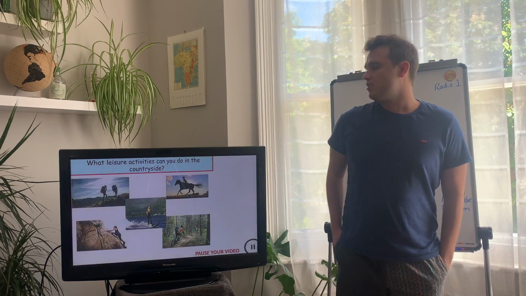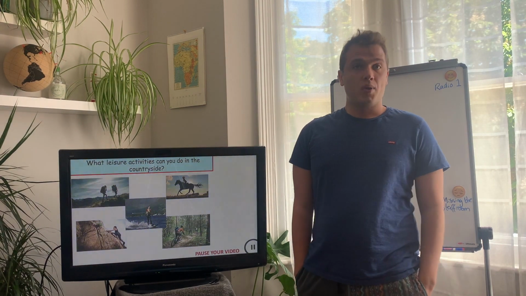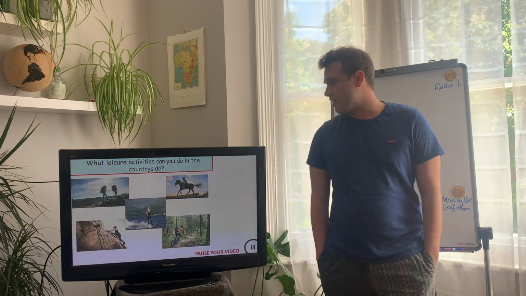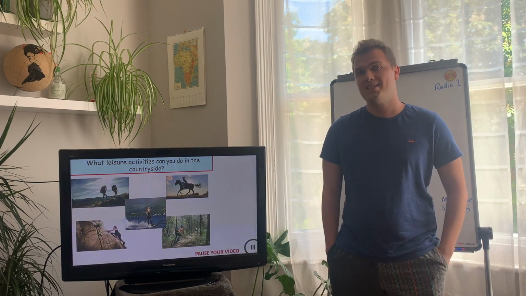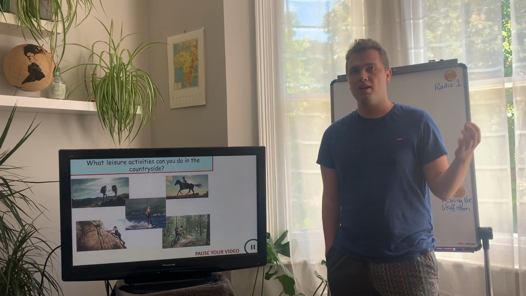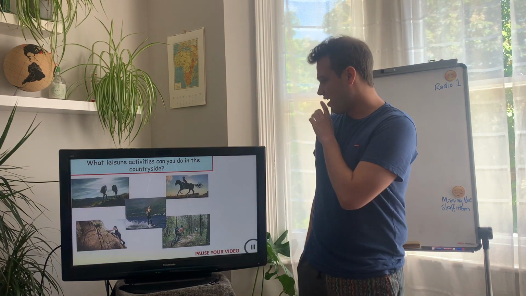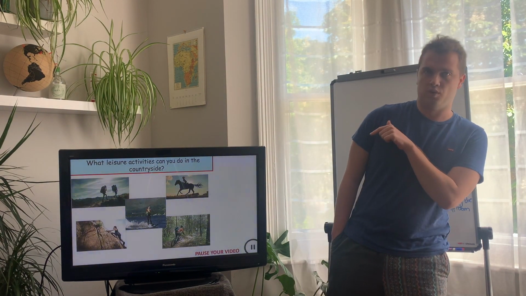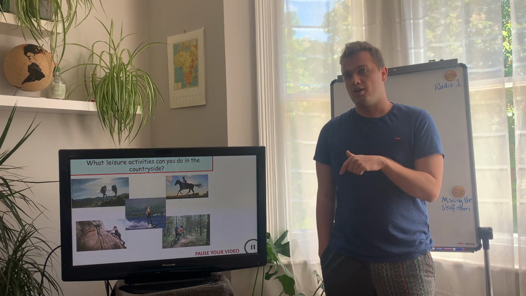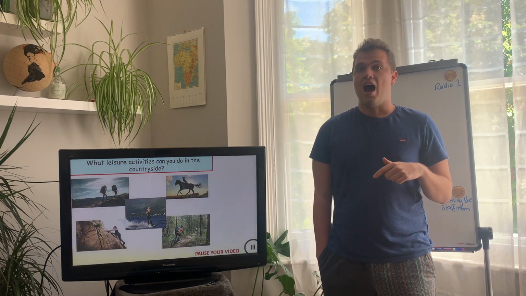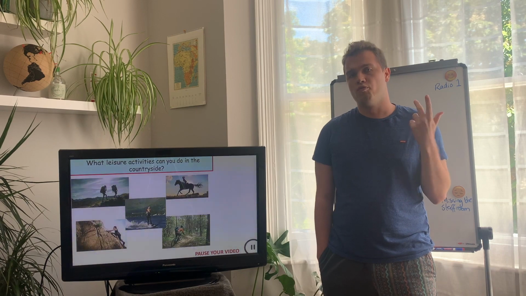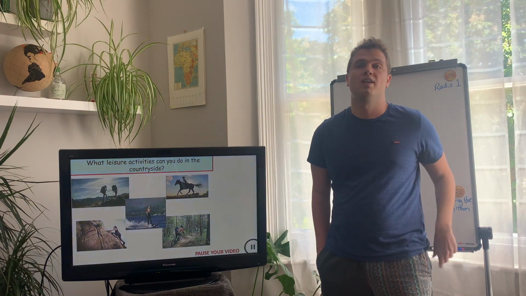So what I would like you to do in your books is just write me a quick list of different types of leisure activities that you think people are more likely to take part in if they were in a rural area compared to if they were in an urban area. So there are 5 on the board already for you. I would like you to write a list of those 5, and then I want you to try and come up with 2 more different things that you can do in a rural area.